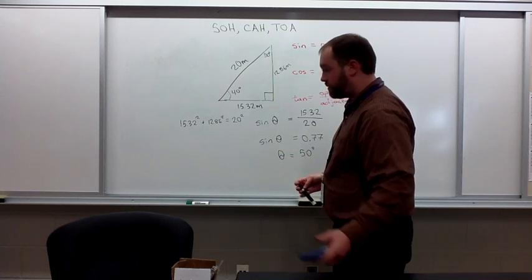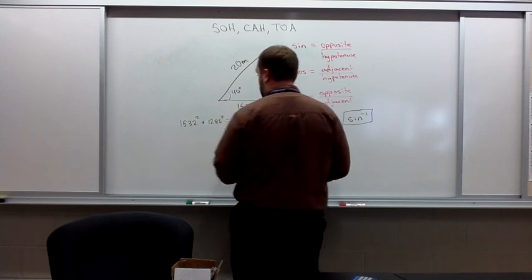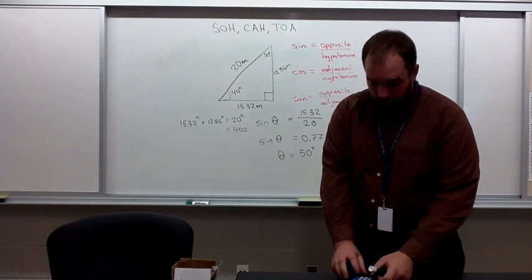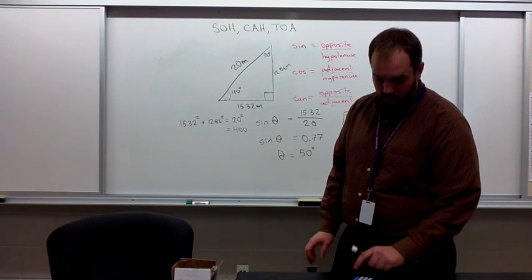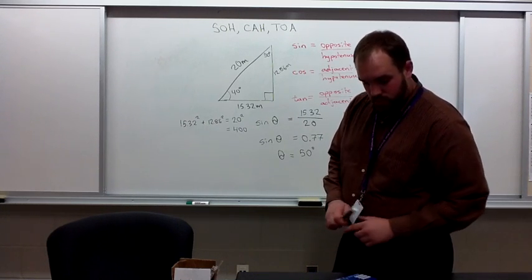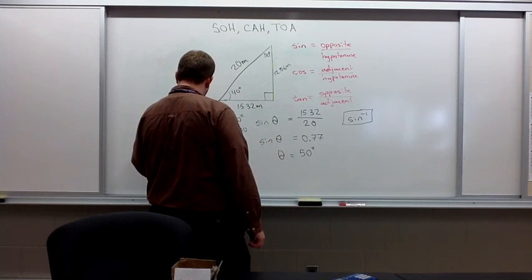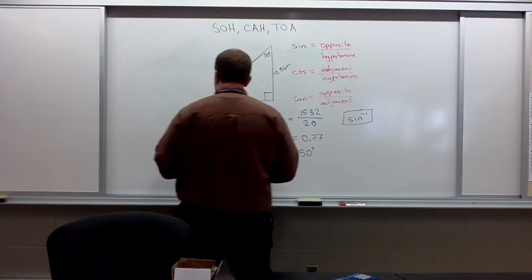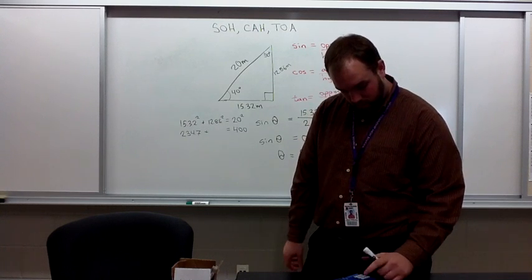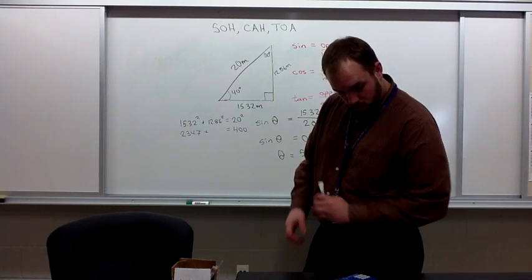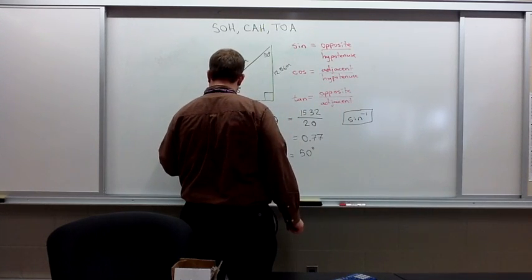20 squared, 400. I really should have just done that in my head. 15.32 squared, 234.7, plus 12.86 squared, 165.4.